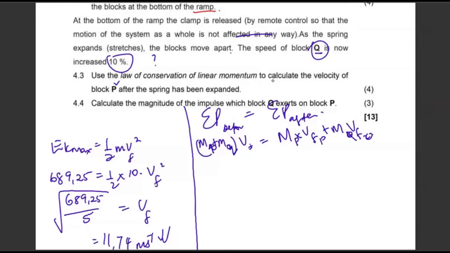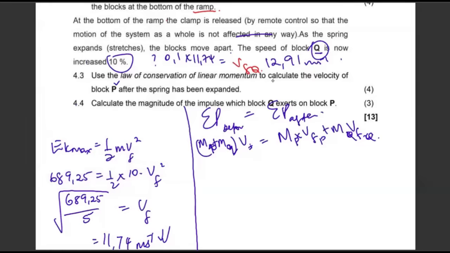So 10% increase of 11,74: that's 110 divided by 100 times 11,74, which becomes 12,91 meters per second. That is the final velocity for Q.